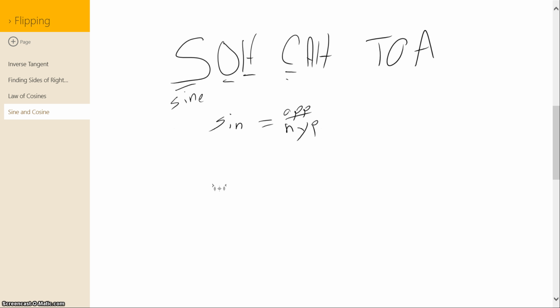CAH, the C here, is for cosine. And usually that on our calculator is just COS. COS equals, the A is for adjacent, and then the H again is over hypotenuse, adjacent divided by hypotenuse. And then TOA, well, this guy's old hat.